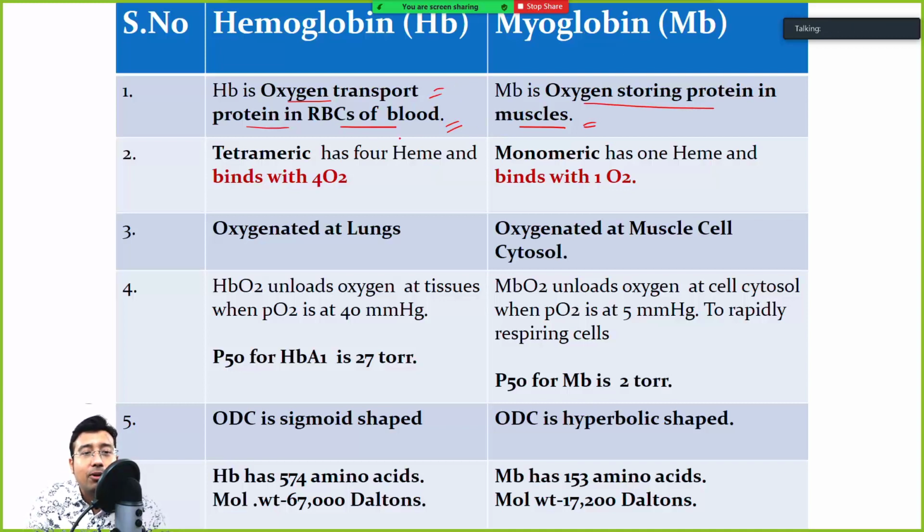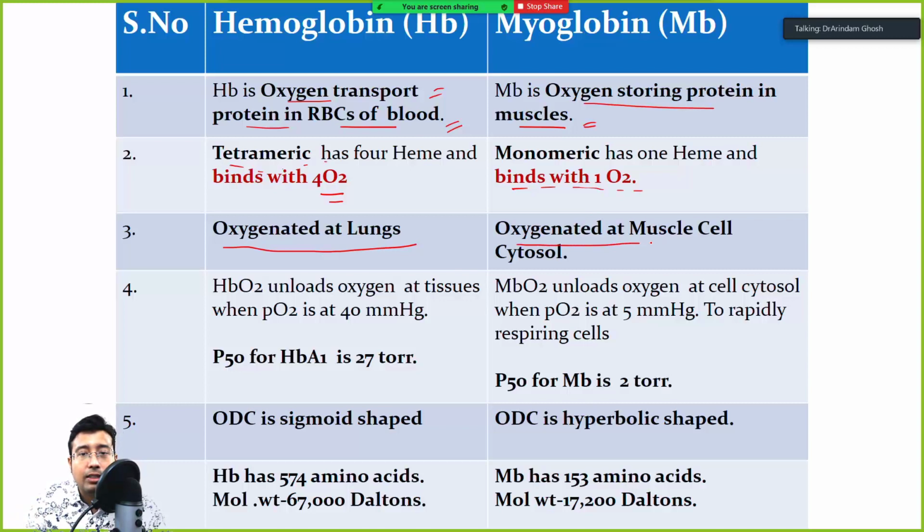Hemoglobin can bind with 4 oxygens, since it has a tetrameric structure, 4 globin chains. Myoglobin is monomeric, it has 1 heme, and binds with 1 oxygen, right? Hemoglobin is oxygenated at the lungs. Definitely, since the blood is circulated in the pulmonary circulation, it gets oxygenated at the lungs.